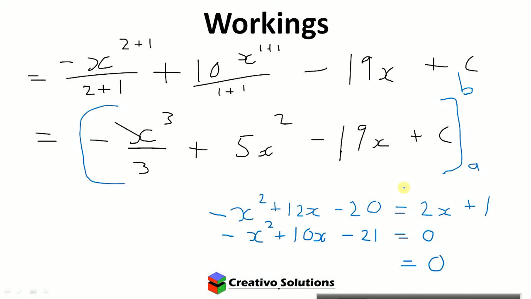Yes, that's right. So then you've got minus x squared plus 10x minus 21. How do you get rid of a negative? Times everything by negative. So this will become a positive, this a negative, and this a positive. And now factorize that.